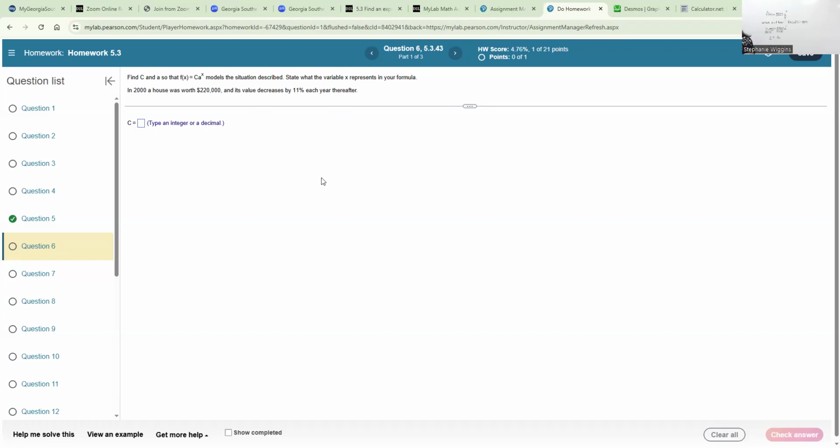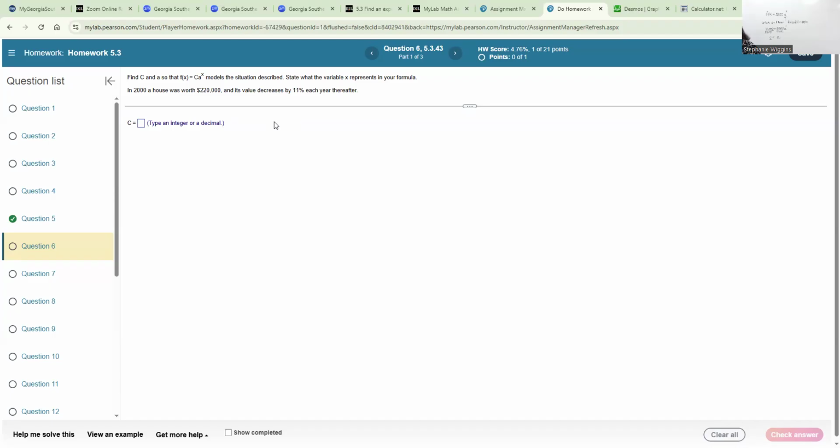So every year you're going to multiply your value by, well, if it decreases by 11%, you're going to multiply it by 0.89 because you're taking away 11% from the whole value of the house the previous year. So initially in 2000, it's 220,000.